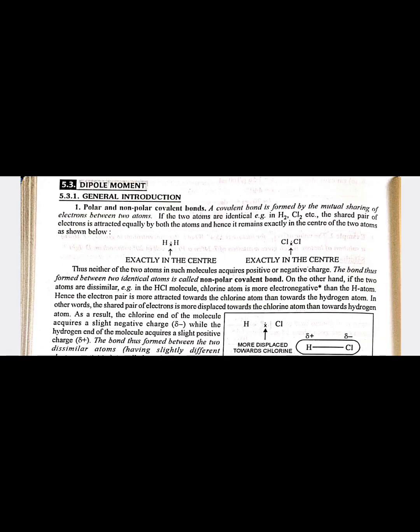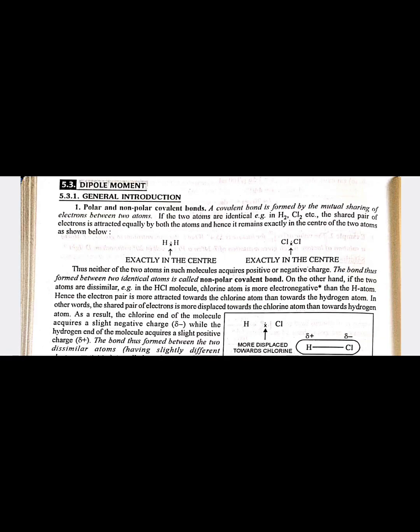That is, no plane can divide the molecule into two identical halves. Thus, it may be concluded that optical activity is a property related with asymmetry of the molecules. Hence, optical activity can be used to test the presence of asymmetry in the molecule.